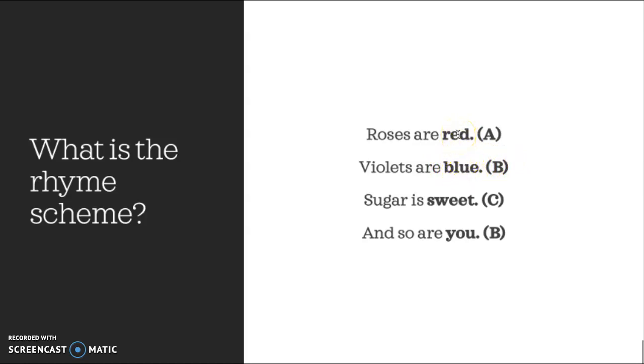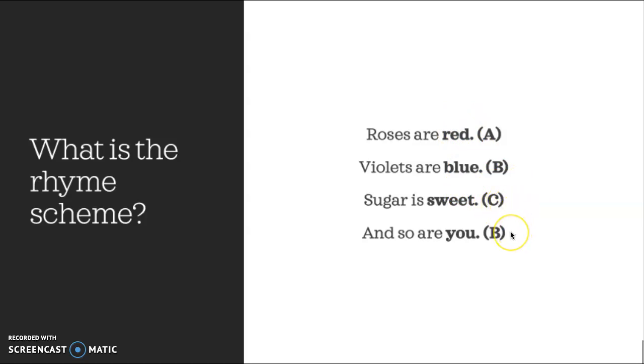If it did, we would write the letter A. But since blue does not rhyme with red, we write the letter B. Look at line 3. "Sugar is sweet." Again, look at the previous words from each line. Does sweet rhyme with blue or red? It doesn't. So since it doesn't rhyme with blue or red, it gets the letter C.